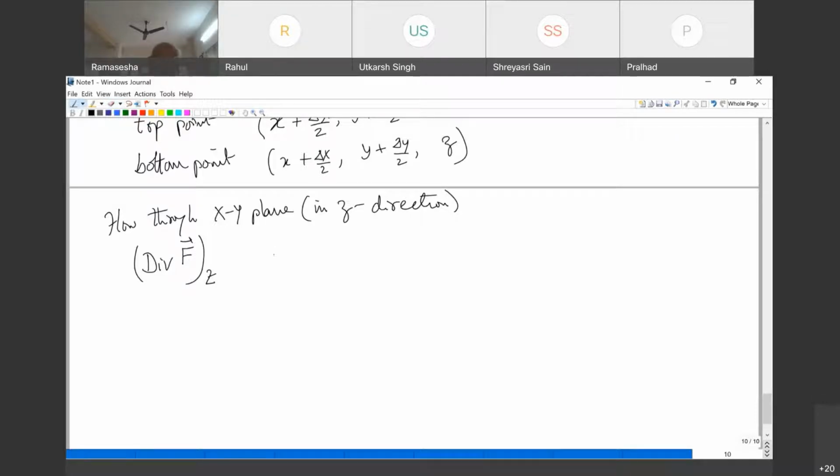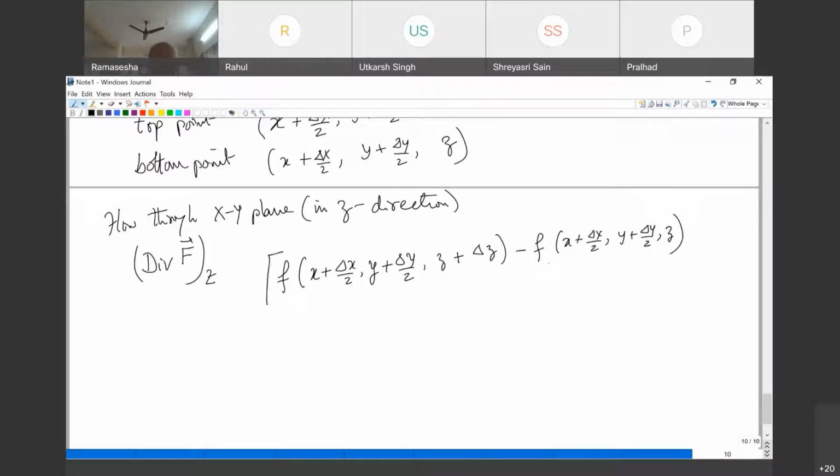So that is equal to f of x plus delta x by 2, y plus delta y by 2, z plus delta z, minus f of x plus delta x by 2, y plus delta y by 2, z, multiplied by the area delta x delta y.